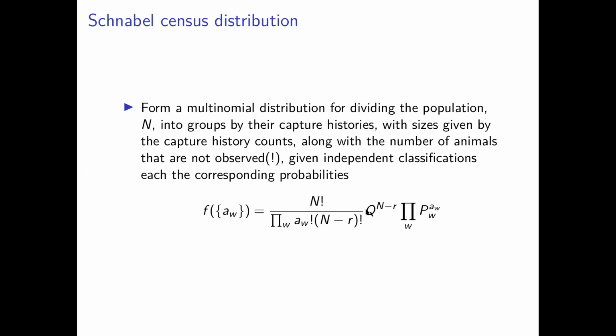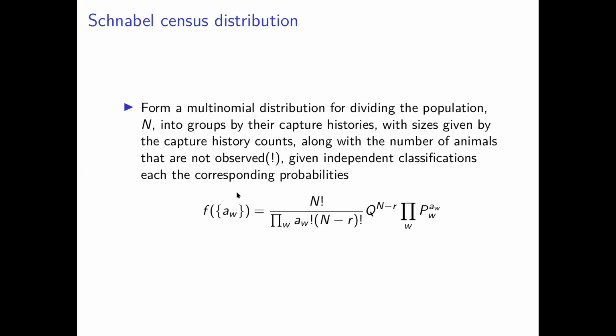And so we have Q here for the probability of an animal not being observed, and we're exponentiating it by n minus r times, because that's how many animals we don't observe. And then we have the capture history probability for each type of capture history, and it's exponentiated by the count corresponding to that capture history. And we've got that for every type of capture history.